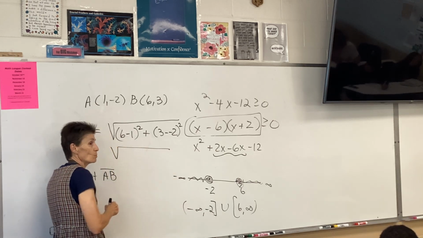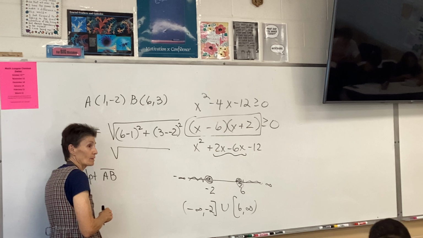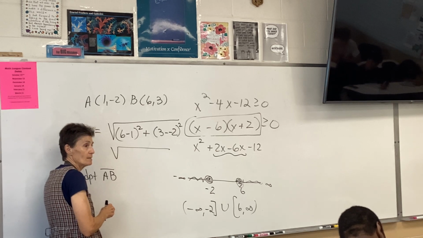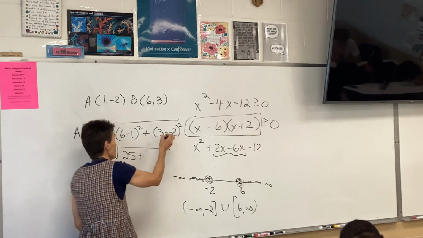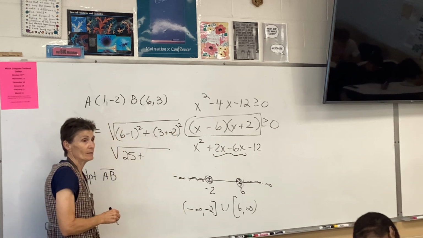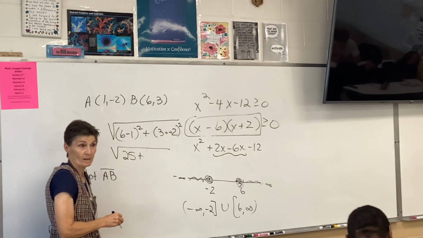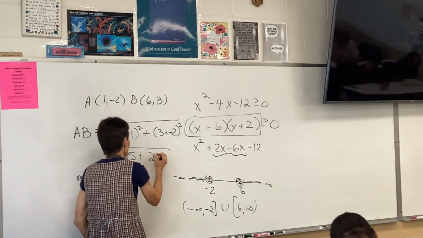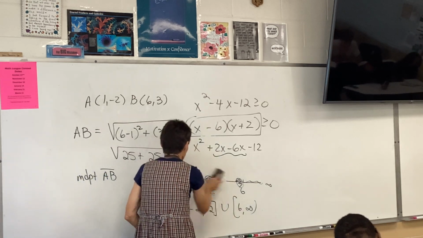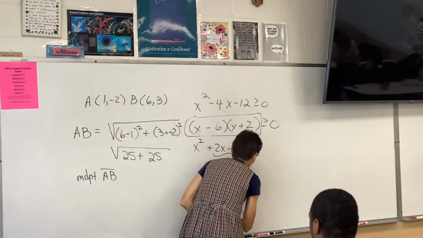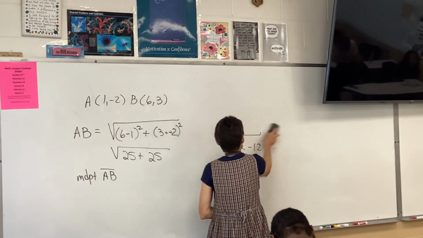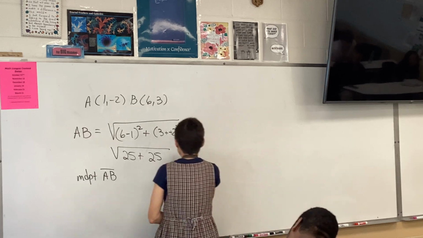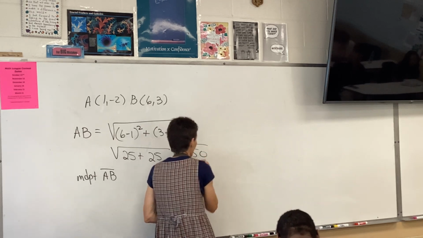So 6 minus 1 is 5, squared is 25. 3 minus negative 2 is 5, squared is 25. So now I have the square root of 50. And that's gonna give me most of the credit, but if I want full credit, what am I gonna have to do?